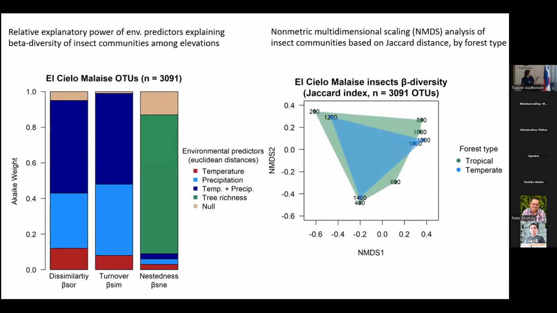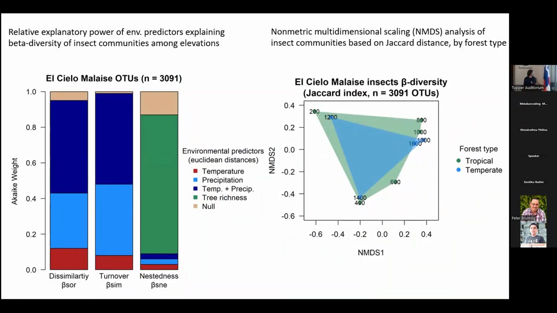If we try to compare some of the environmental predictors for the beta diversity, for the dissimilarity it was again the combination of temperature and precipitation, and then precipitation on its own. And with the nestedness, the good environmental predictor was actually tree species richness.